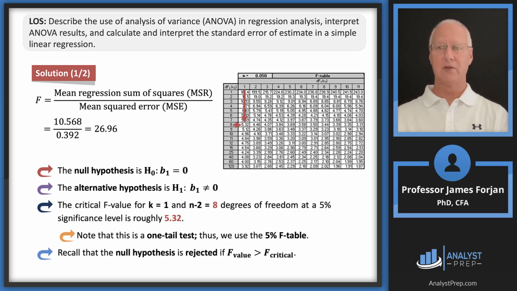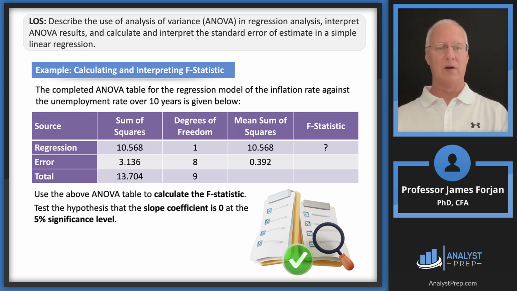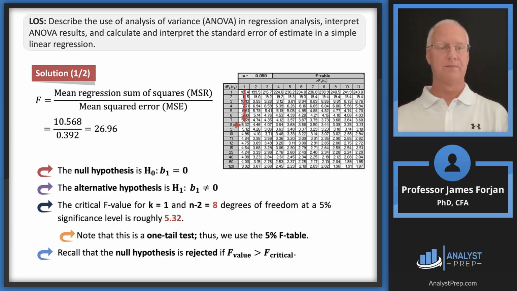This is a one-tailed test, so we're using 5%. So what are we saying? 26 is greater than 5.32. So we're going to go ahead and reject the null hypothesis, and we're going to say that, well, let me go back here, that slope coefficient, what's our slope coefficient? That it is greater than 0.